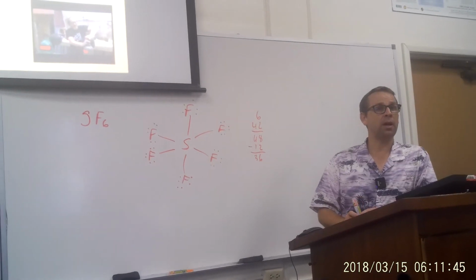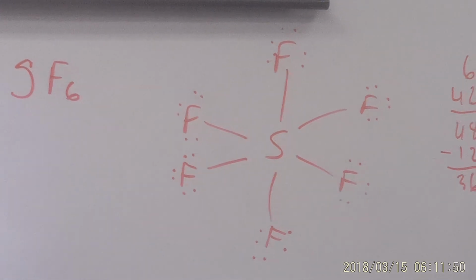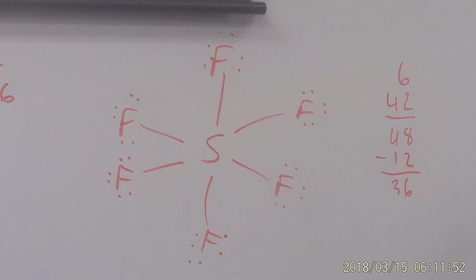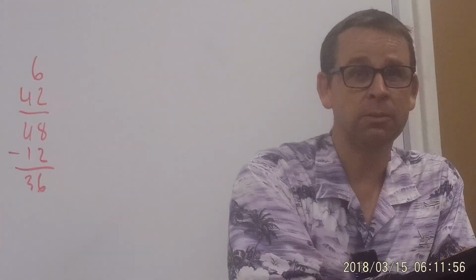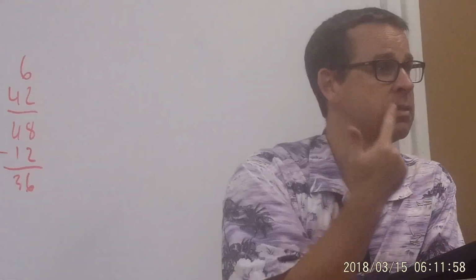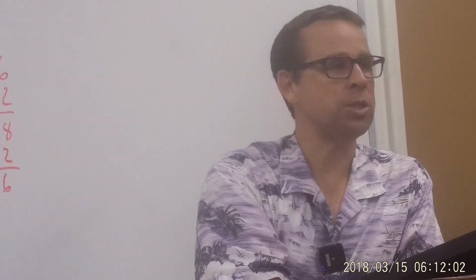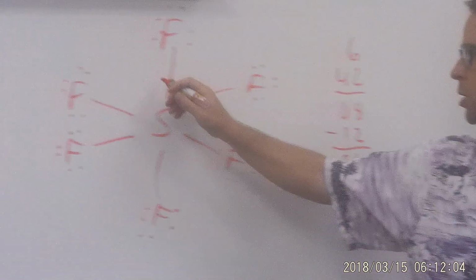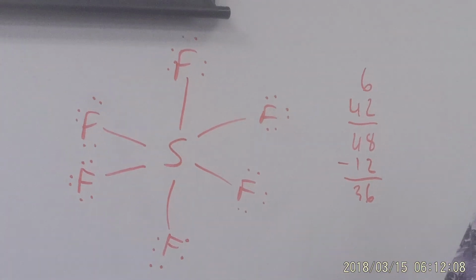Let's see what the formal charge is on the sulfur. What's the formal charge on the sulfur? The formal charge is identified by looking at how many electrons it brought, minus how many are right around it? 6. So the formal charge is 0. Okay? So the formal charge on this is 0, and all these fluorines, 0 as well.